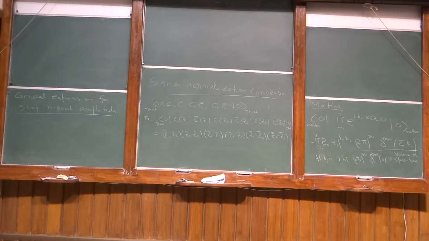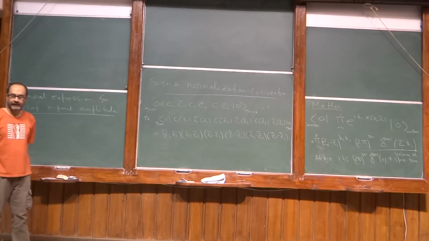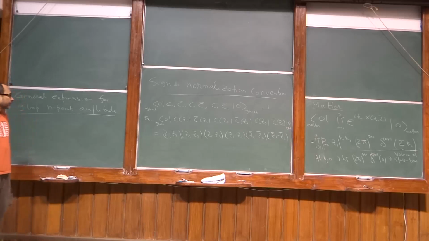In that process, I'll also write down a generalization of the usual Polyakov amplitude for off-shell amplitudes. We'll see that the way we write down off-shell amplitudes is very similar to the way we write down on-shell amplitudes. So there is not that much you have to do extra to understand off-shell amplitudes if you understand the on-shell amplitudes. So we'll treat on-shell and off-shell amplitudes together.